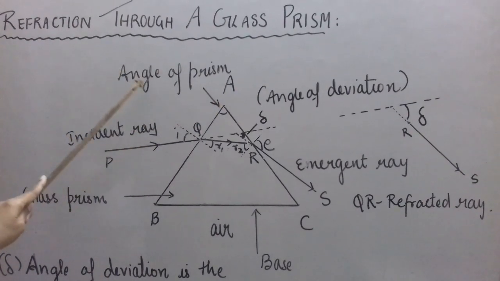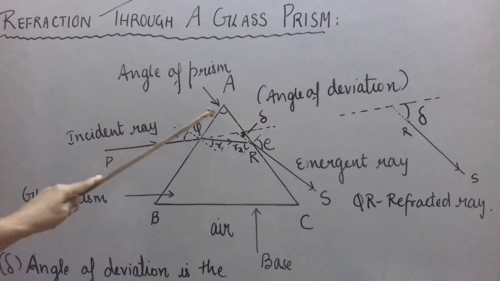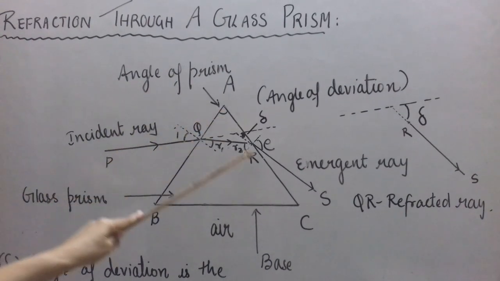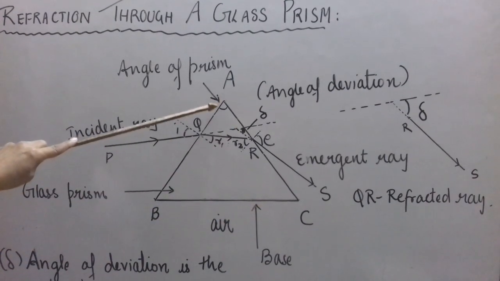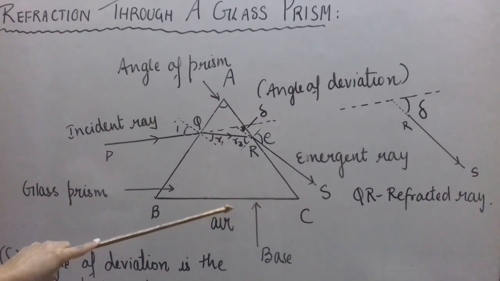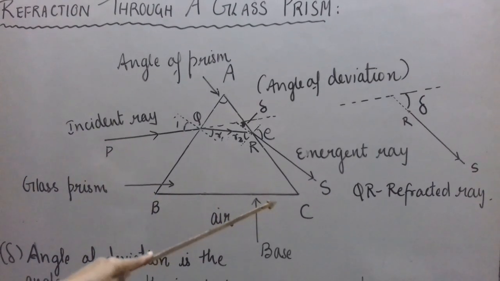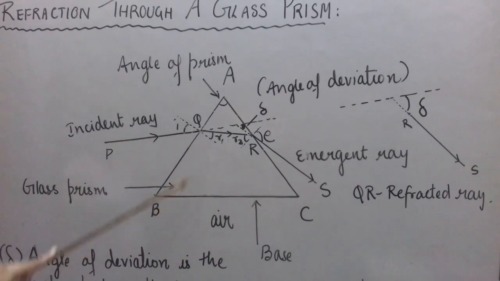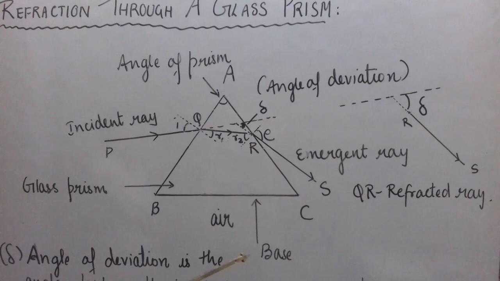So I hope you have understood the definition of angle of prism. Angle of prism is the angle between the two refracting surfaces of the prism. And the surface which is opposite to angle A is called the base of the prism. It means in this figure we can call BC the base.